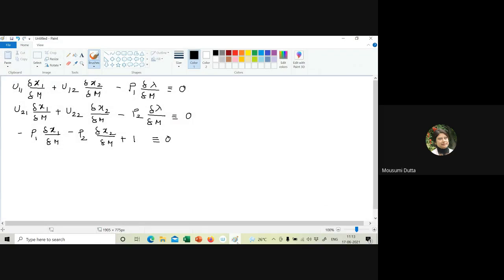The same set of equations is written. Now, once this is written, will you be able to find del x1 by del m and del x2 by del m using Cramer's rule?